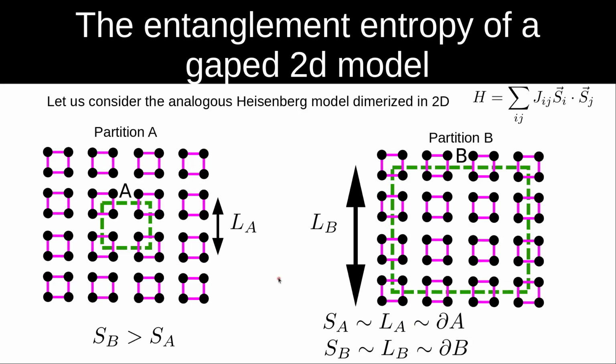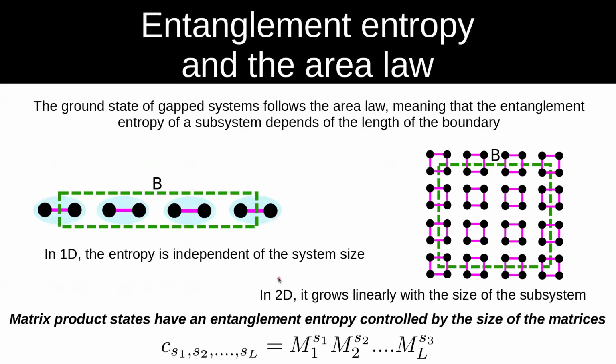So in a 2-dimensional system, the entanglement entropy actually grows with the size of a partition, whereas in a 1-dimensional system, it didn't. And this is actually a key point to understand why 1-dimensional quantum many-body models are completely different from 2-dimensional quantum many-body models.